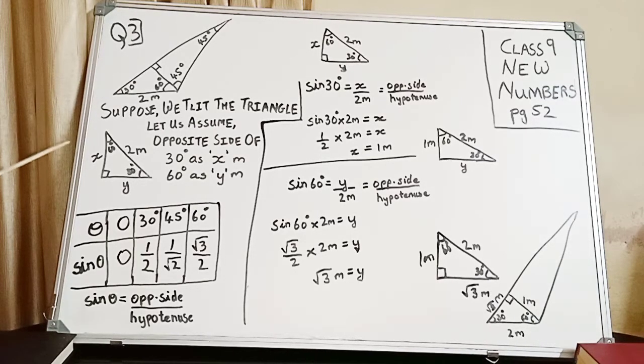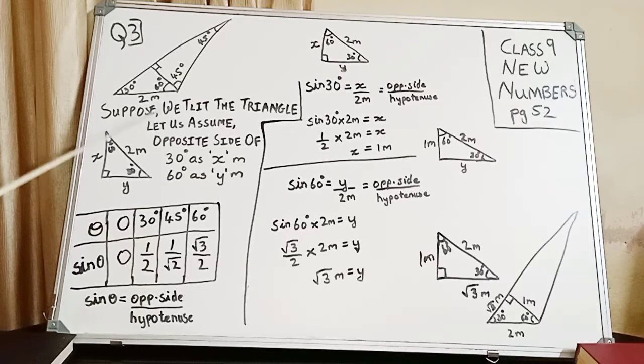So let this side, the side opposite to 30 degree, you have to see this specifically, let it be x, because we don't know what it is, and we will be finding it out right now. So x is the opposite 30 side. You have to see in the main diagram, opposite 30 side would be x.